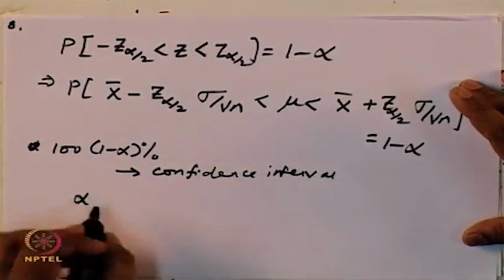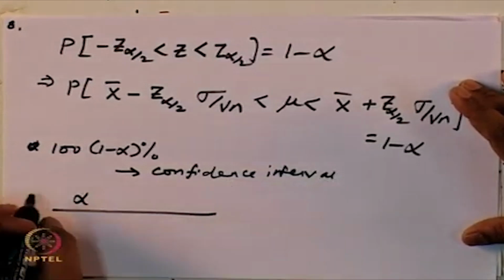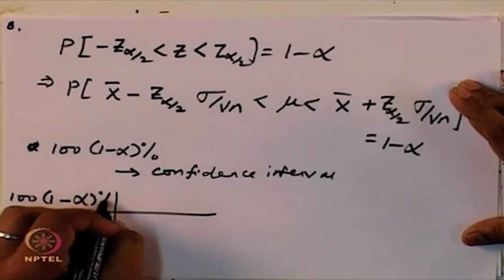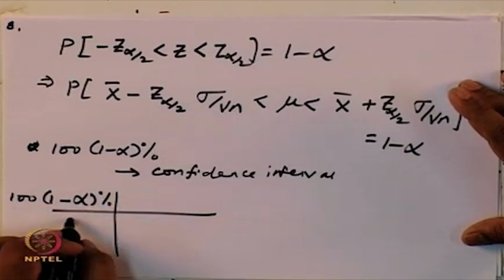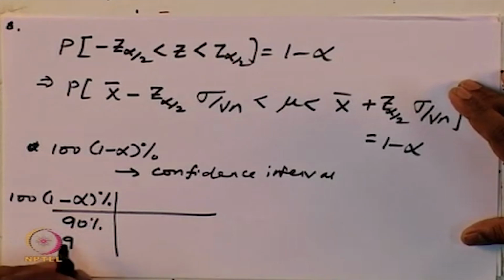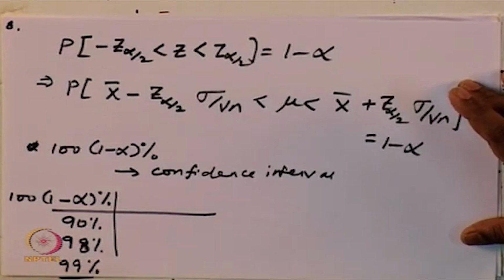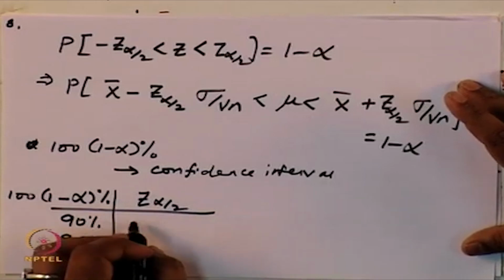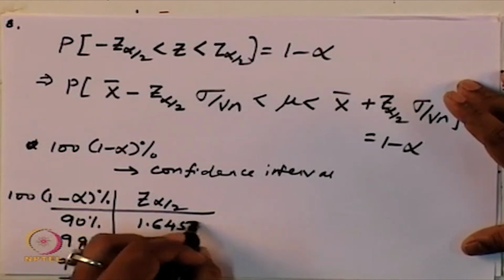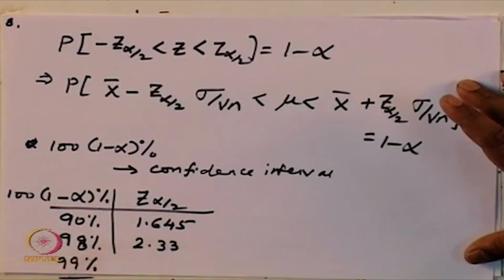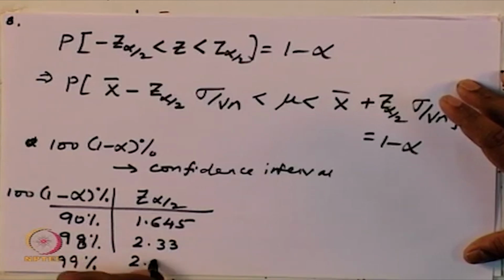So, if I plot the values of alpha, 100 into (1 minus alpha) in percentage, you can have 90%, you can have 95%, 98% or 99%. So, the corresponding values of z alpha by 2 for 90% it is 1.645, for 98% it is 2.33 and for 99% it is 2.58.